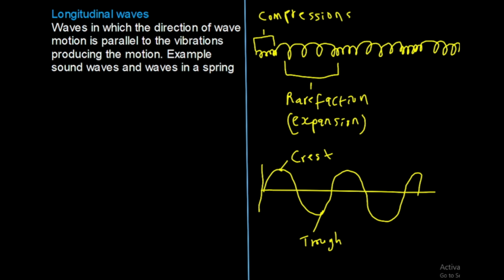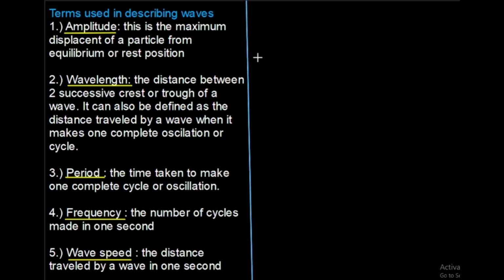Now we'll be talking about some terms used in describing waves. We have what we call the amplitude. The amplitude is the maximum displacement of a particle from equilibrium position. To understand this better, I'm going to be working with a diagram for the transverse waves.